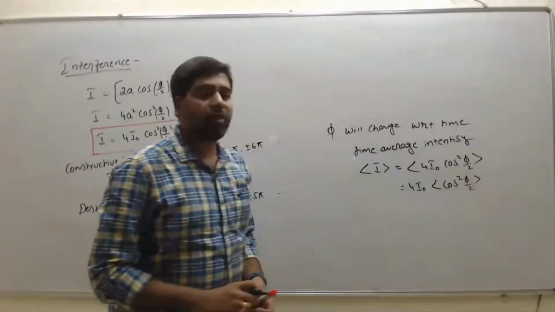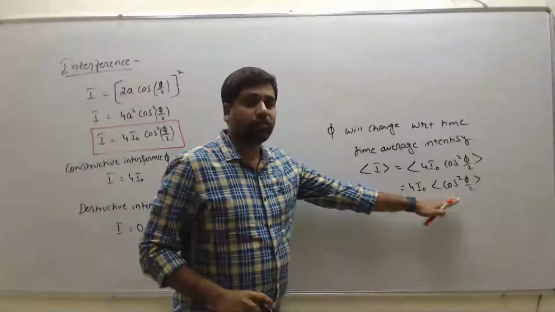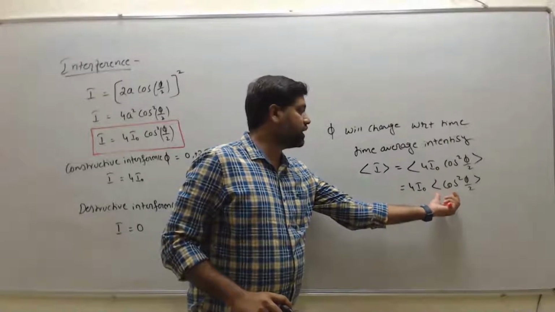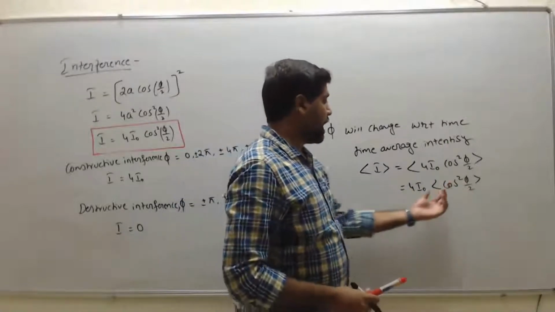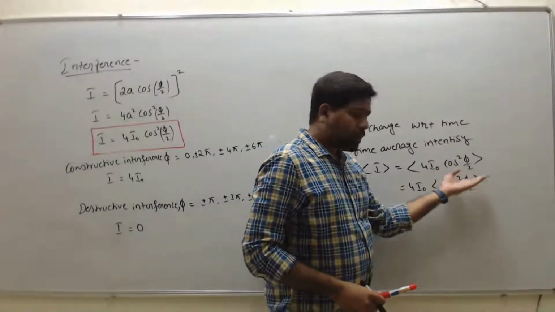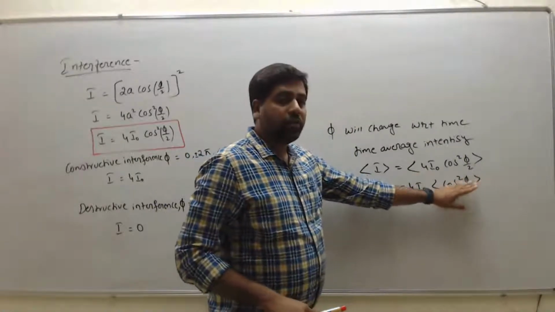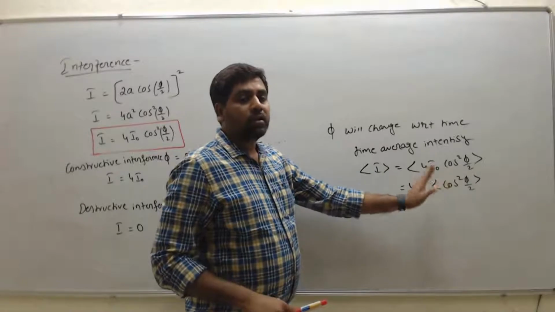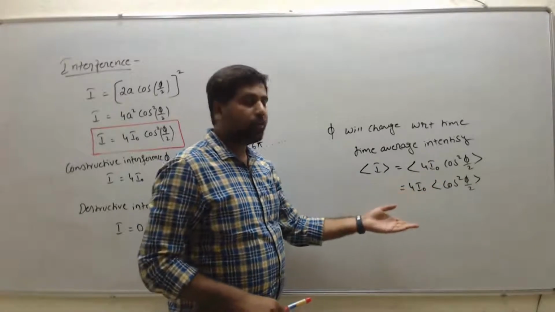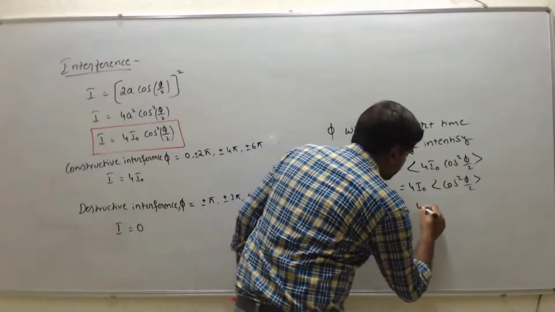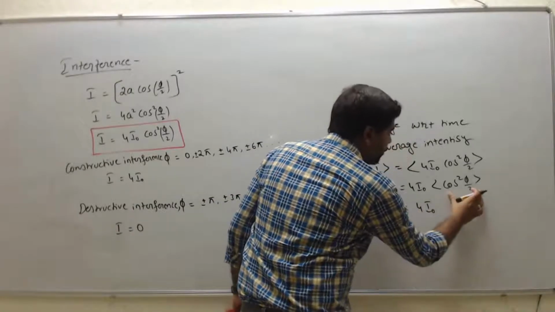As the value of cos square varies from 0 to 1, the average value is 0 plus 1 divided by 2, so we get 1 by 2.